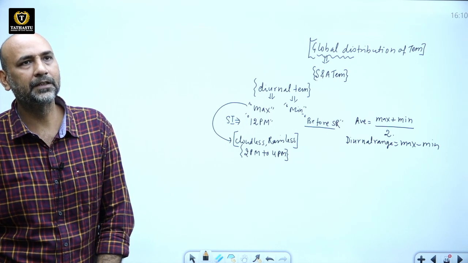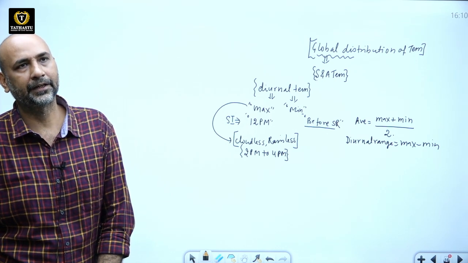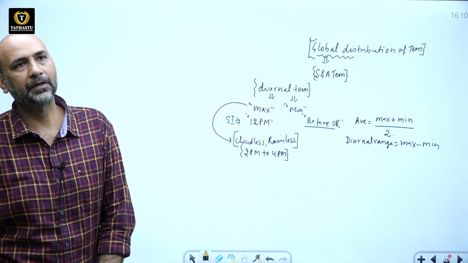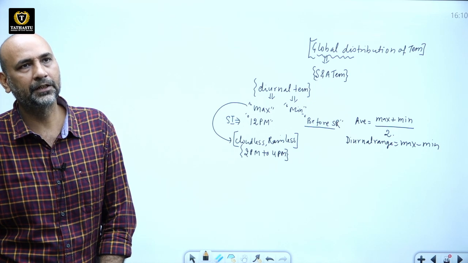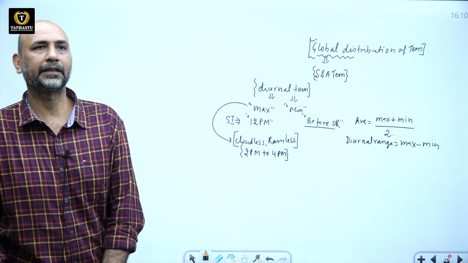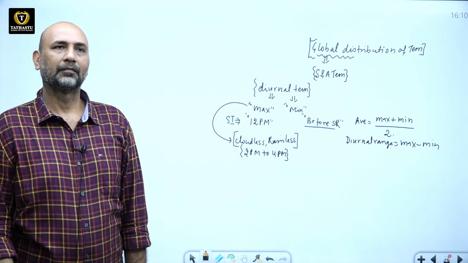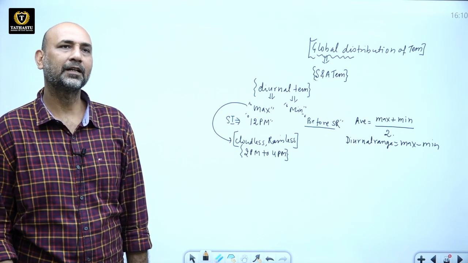Diurnal range of temperature is high during a cloudless and rainless day. Rapid heating and rapid cooling. Diurnal range of temperature, or fluctuation of temperature, is reduced during cloudy and rainy days. Got it? Write it down, brother.